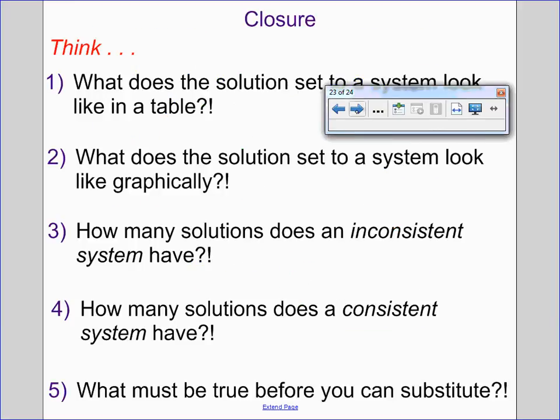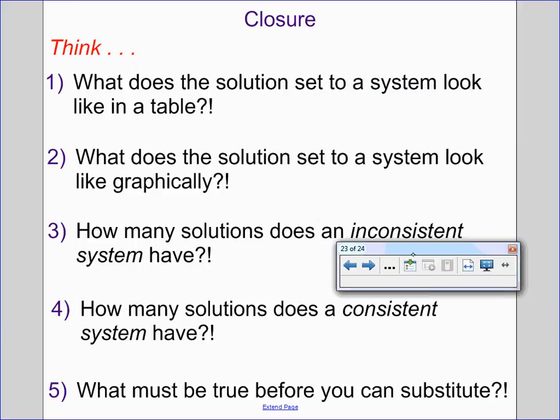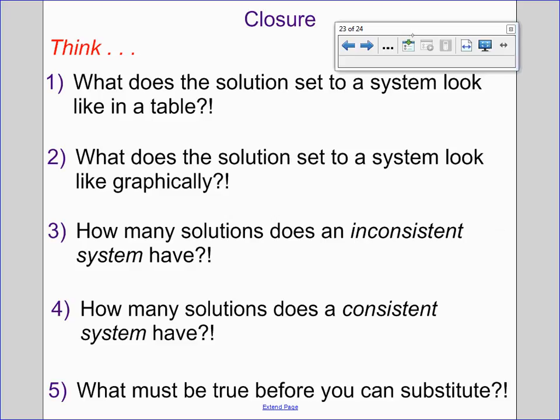Okay. Let's go ahead and summarize for the day then. A written response from each of you, and then I'm going to call on you to share with the whole class. I'll pause the recording and give you a minute to write those down. Okay, so what does the solution set to a system look like in a table? Taylor?